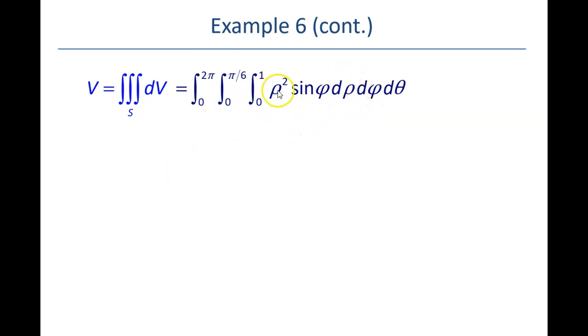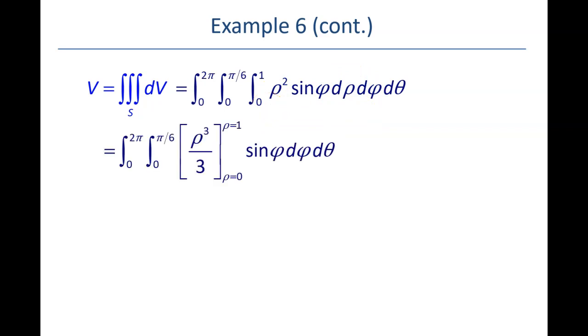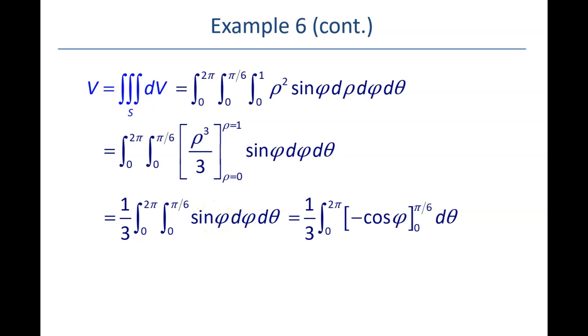Alright, we're doing rho first, so we're going to get rho cubed over 3. We're going to plug in a 1 and a 0 into that. So we'll have 1/3 and 0, so just the 1/3. I'll pull it out of the integration just because it's a constant. Now this is d phi, so whose derivative is sine? The antiderivative of sine is negative cosine.